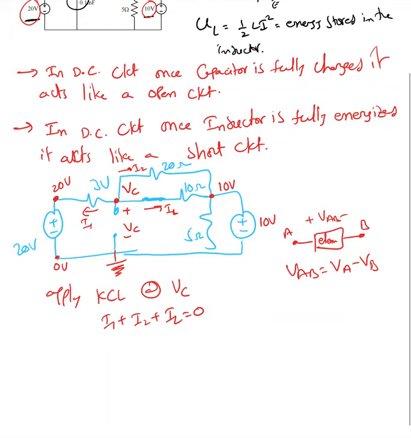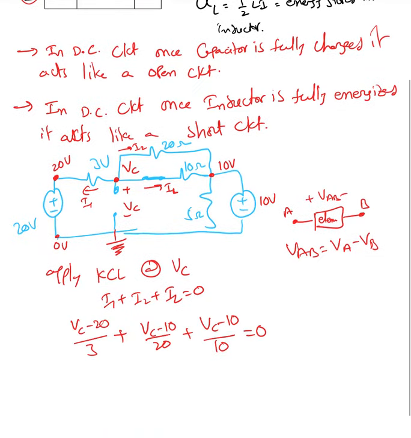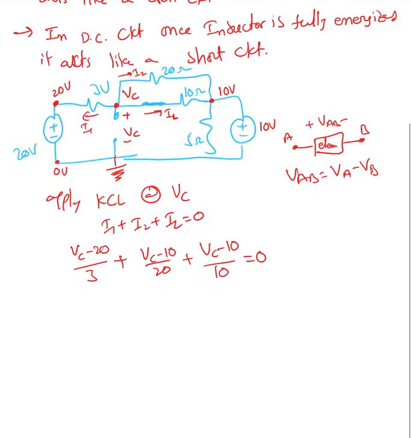At VC apply KCL. I1 equals (VC minus 20) divided by 3. I always take every current as going out because it's easy to write the equation: VC minus something, divided by the resistor. Then (VC minus 10) over 20 plus (VC minus 10) over 10 equals 0.